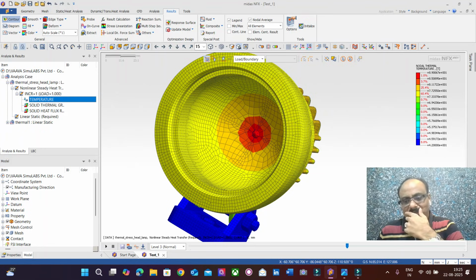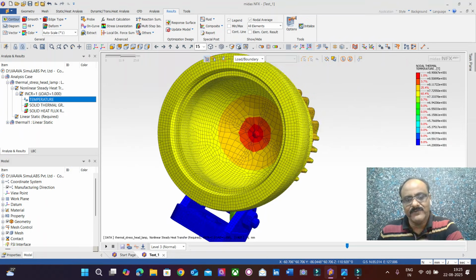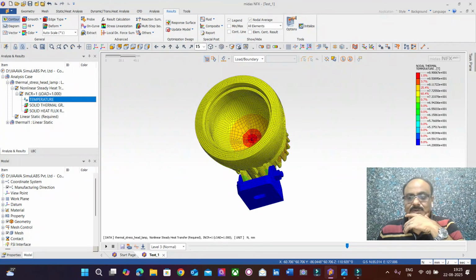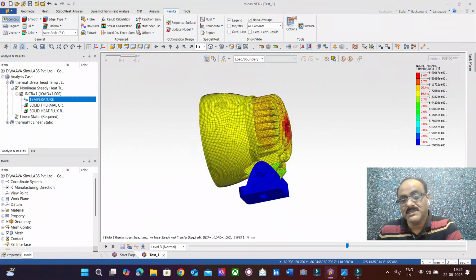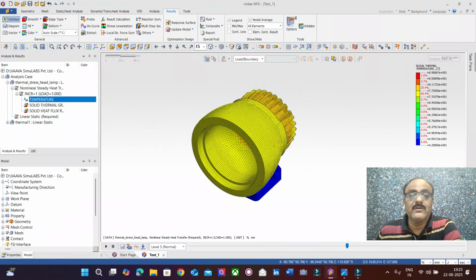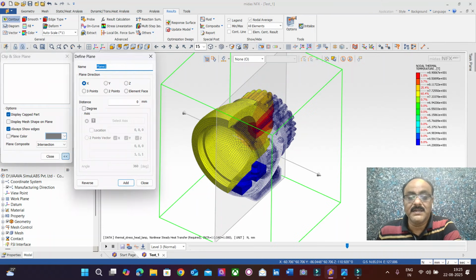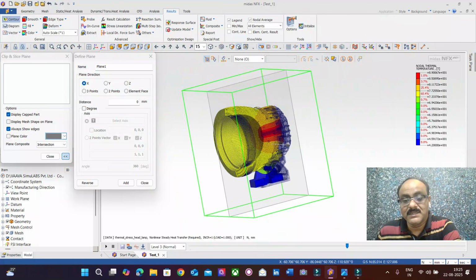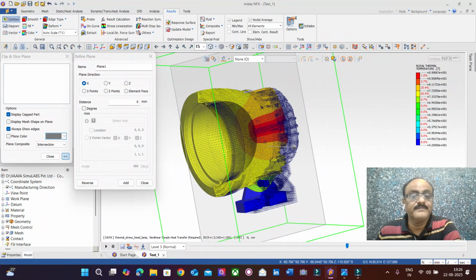If I give the temperature as 890, then that will sound more realistic actually. So when the temperature of that particular bulb is about 89, we are getting the temperature, and we can also find how the temperature across the section is getting distributed.